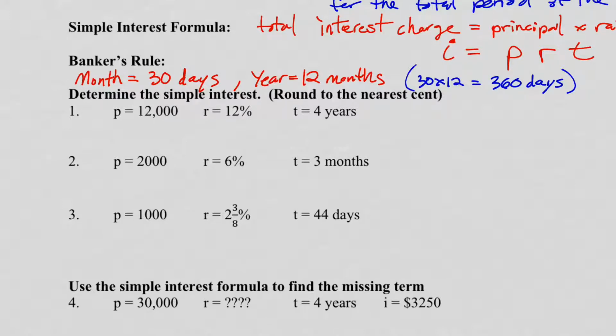And so we have basically I equals PRT. So I is going to equal the interest charged for this loan for that rate for the amount of time. It's going to be 12,000 times the percentage as a decimal times the amount of years. Okay.